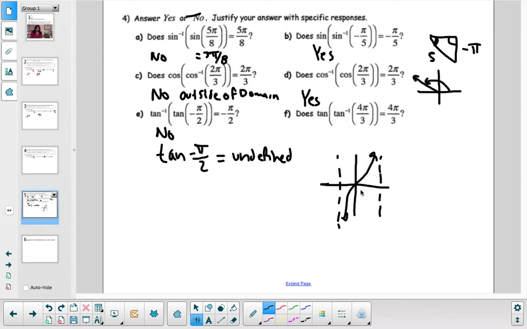But because the range of tangent is unrestricted, the domain of inverse tan is unrestricted.